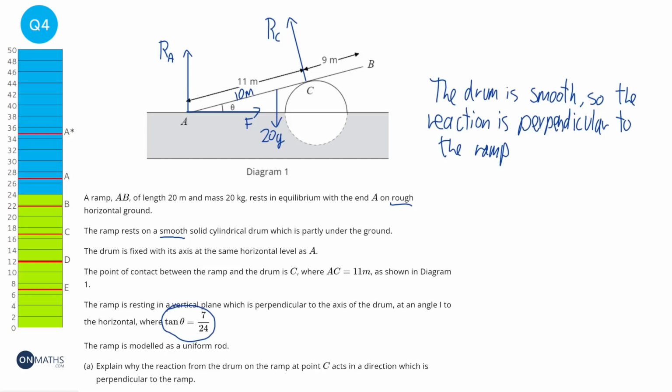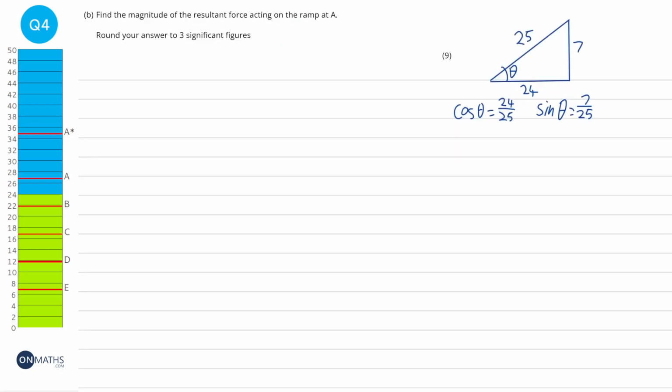Now anti-clockwise isn't such a problem because it's just going to be this RC, but we have a bit of an issue here because going clockwise, we don't have the force perpendicular to the ramp. So what we're going to do is just add it on, so figure out what the component there would be, and this angle here would be the same, theta again, and we'll see how we're going to do that when we start working it out. So let's start working it out now, and we should always tell the examiner what we're doing.